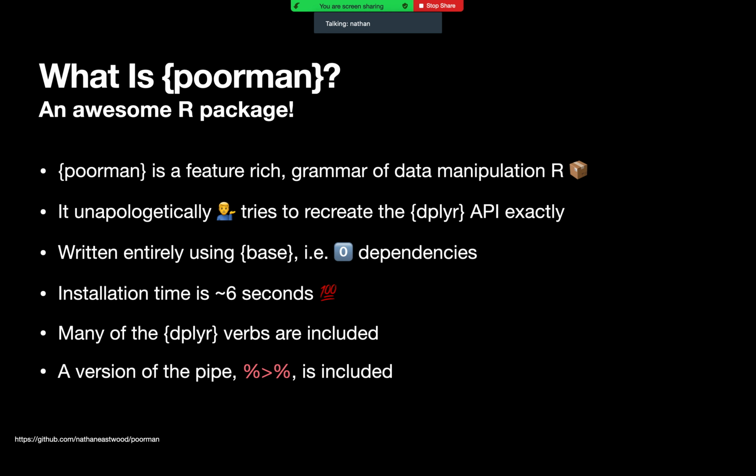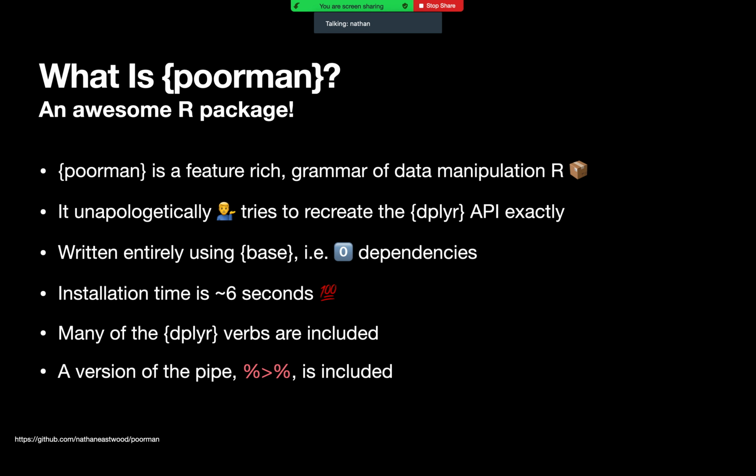There are a number of benefits to doing this. One of which is it installs in about 6 seconds, which is pretty fast. If you've ever had to install or update dplyr and its various dependencies, you can quite often be waiting quite a while.